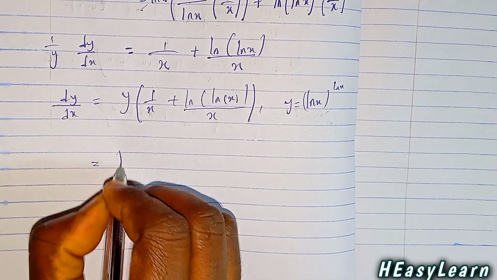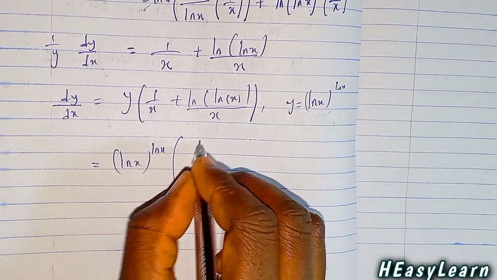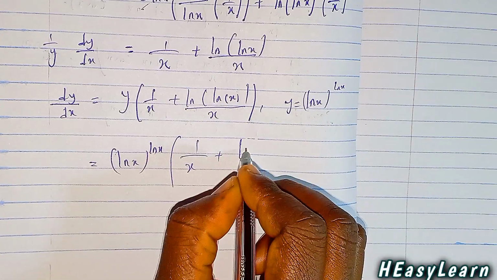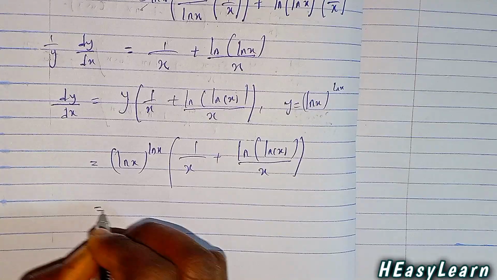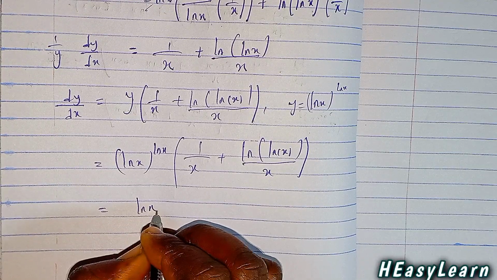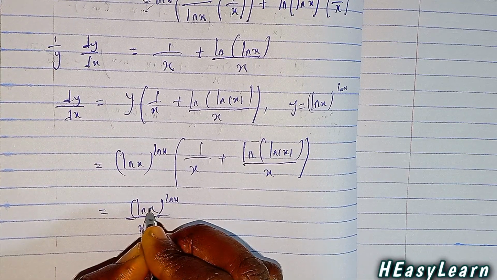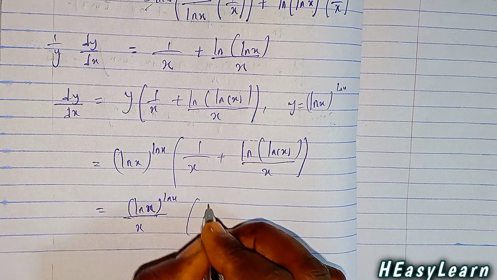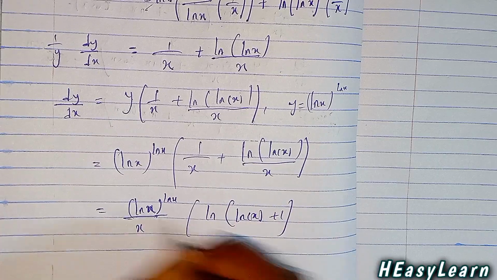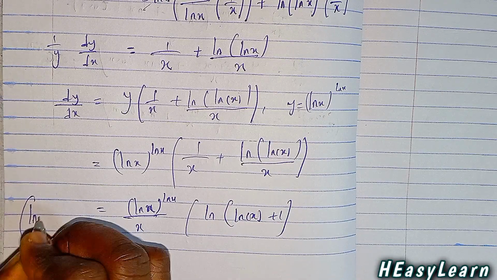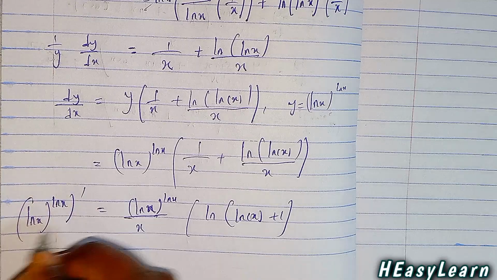So from here, ln x to the power of ln x times 1 over x plus ln x divided by x. This is equal to ln x divided by x multiplied by ln x plus 1. This is the derivative of ln x to the power of ln x.